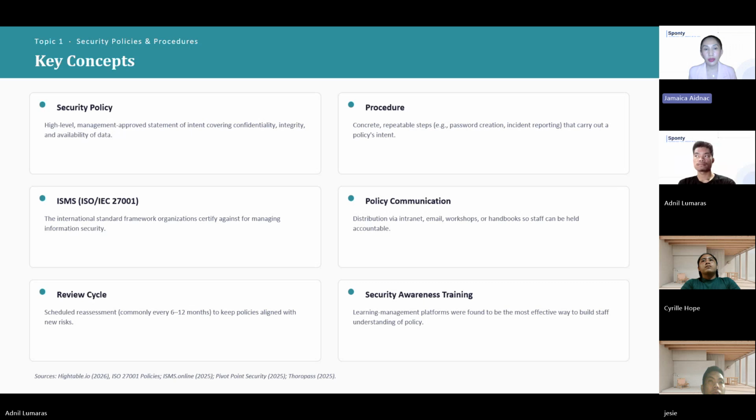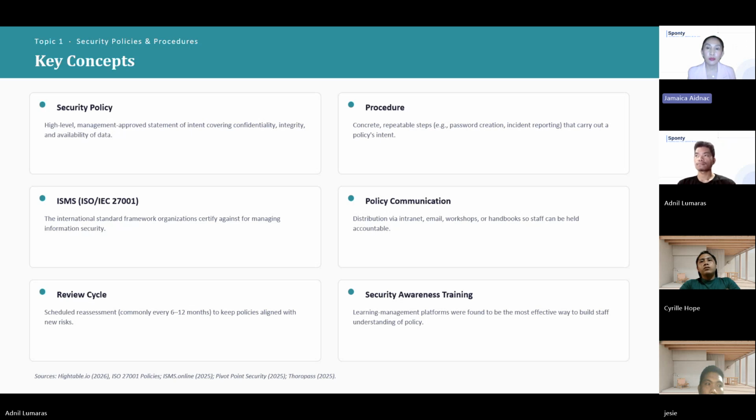It's also worth noting that ISO does not require one giant, all encompassing policy document. Most organizations today use a modular set of individual policies: an access control policy, a data classification policy, an acceptable use policy, an incident response policy, and so on.